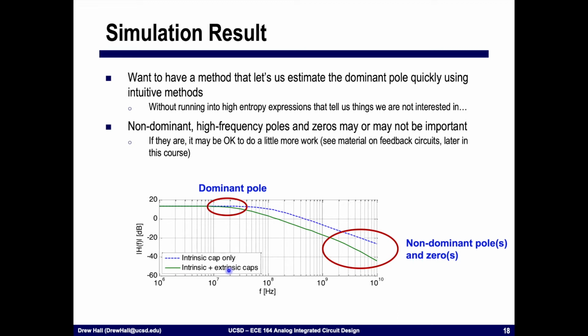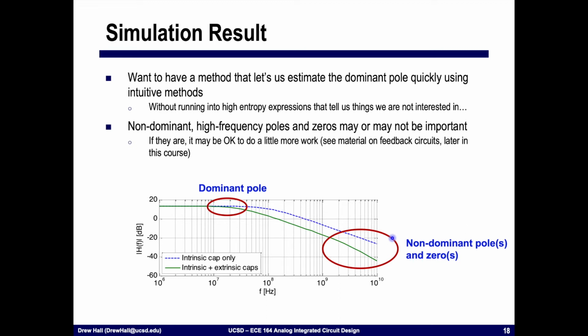Now, the point I will make is that these non-dominant poles and zeros are not always important. It really depends on the circuit and what we're trying to do with it. Oftentimes, we're much more concerned with what we'll call the dominant pole. The dominant pole is typically what sets the bandwidth of the circuit, whereas these, if we're trying to put this in feedback, are going to determine the phase margin.